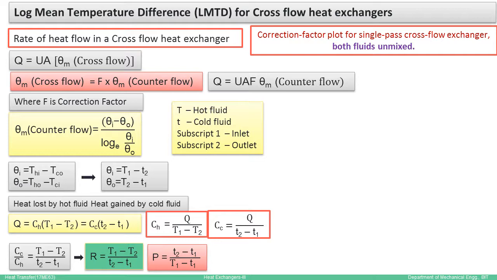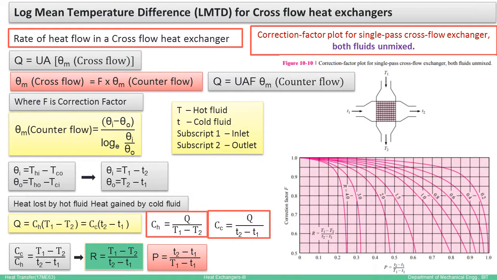Since we are talking about cross flow heat exchangers, and there are different configurations of them, for a single pass cross flow exchanger, when both fluids are unmixed, we have this chart here. You can look at the x coordinate where P is used, and the correction factor is available on the y coordinate, and for different values of R, the ratio of specific heats, the curves are drawn.